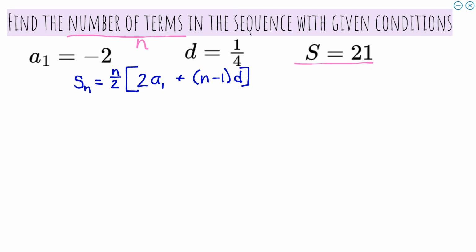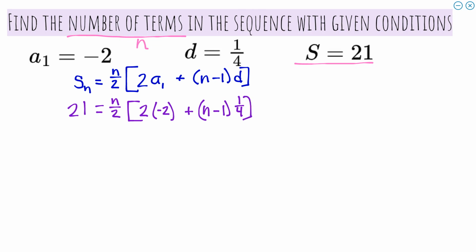Well, I know an awful lot of those pieces. I know that my sum is 21. We have an n over 2. I don't know n, so that's not super helpful there. I know my a sub 1 is negative 2. That's up at the top here. And then we have n minus 1 times my common difference of 1/4.